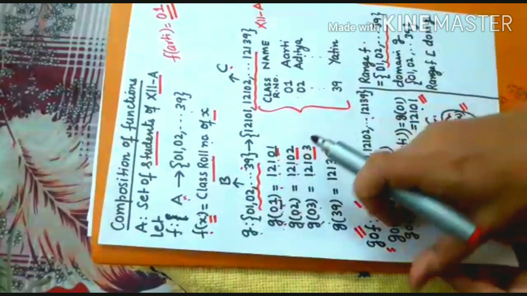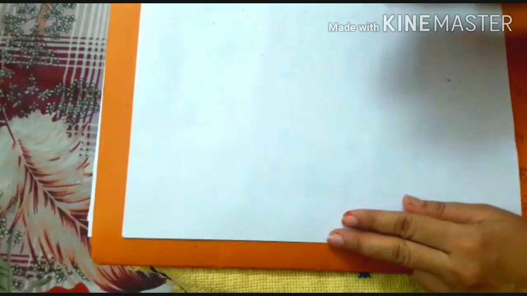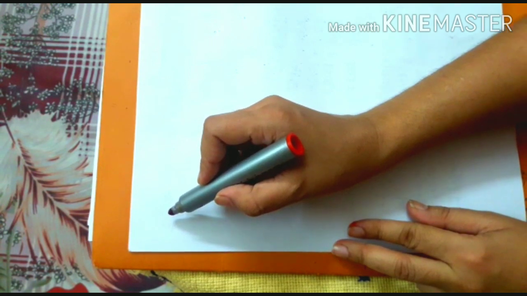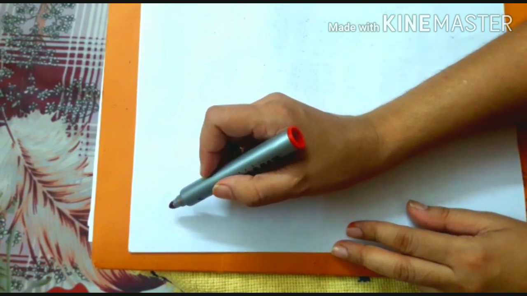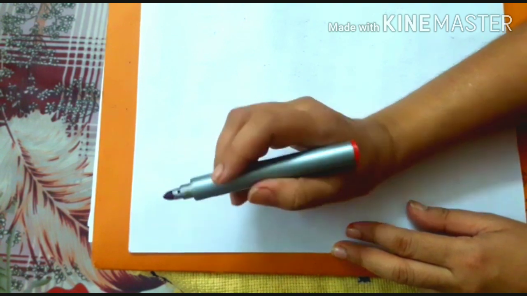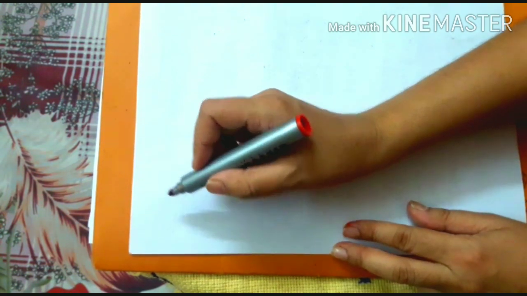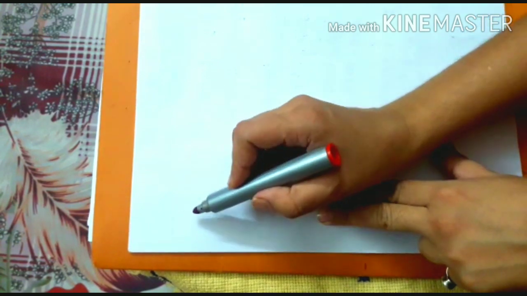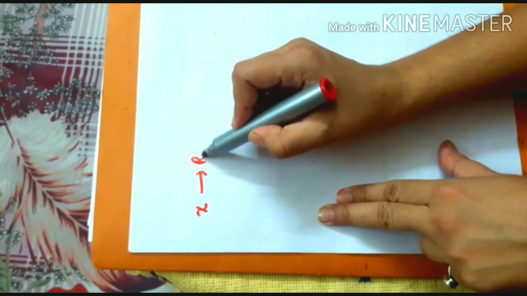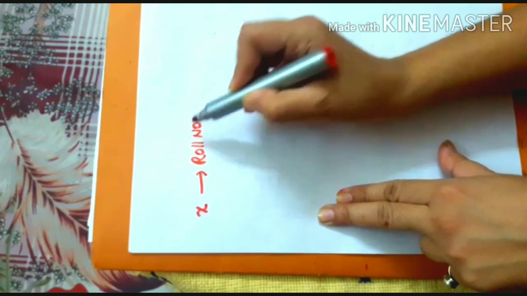You can relate this example with a real situation. The board allots a roll number to each and every student who is taking the class 12th board examination, right? So with every student x, we associate their roll number.